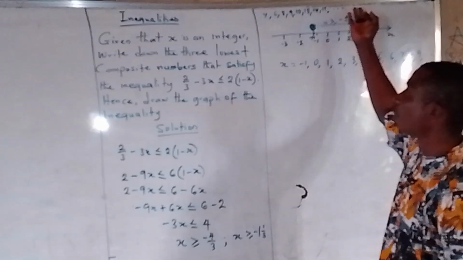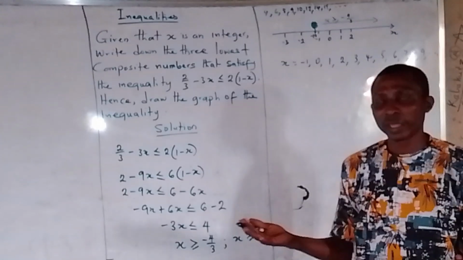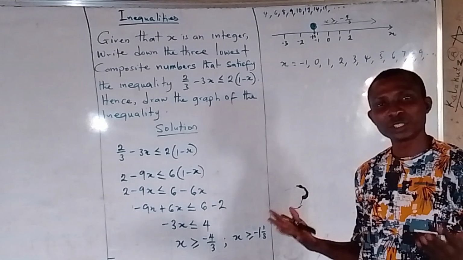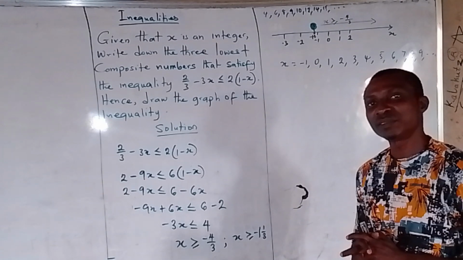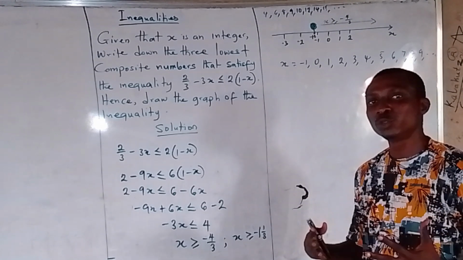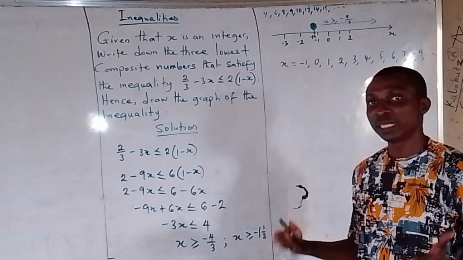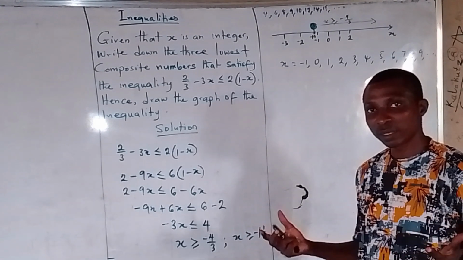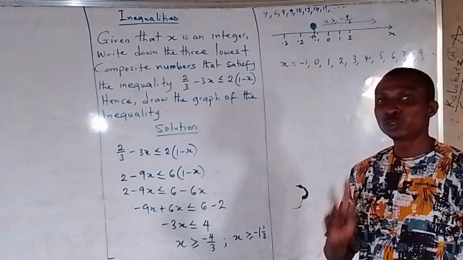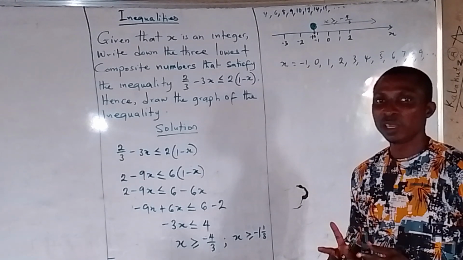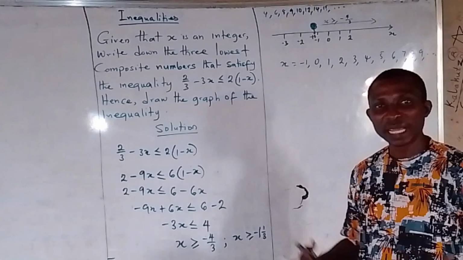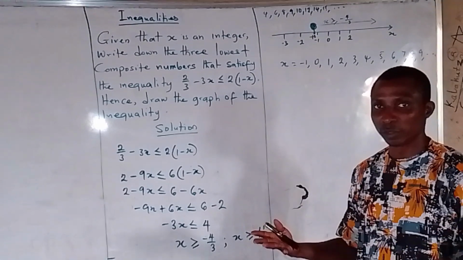In another way, if I want to define composite numbers, I will say composite numbers are natural numbers that have more than 2 divisors, because prime numbers are natural numbers that have only 2 divisors. So if it is a non-prime number, that means it must have more than 2 divisors.